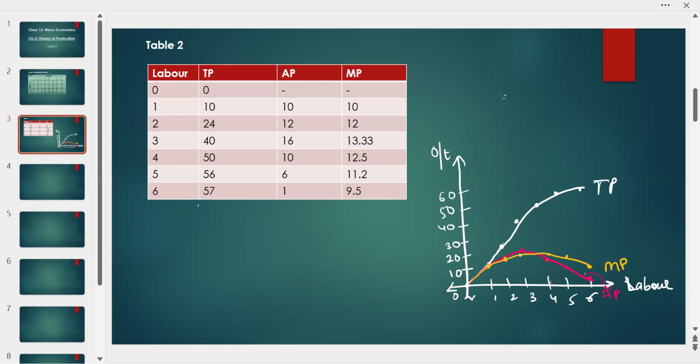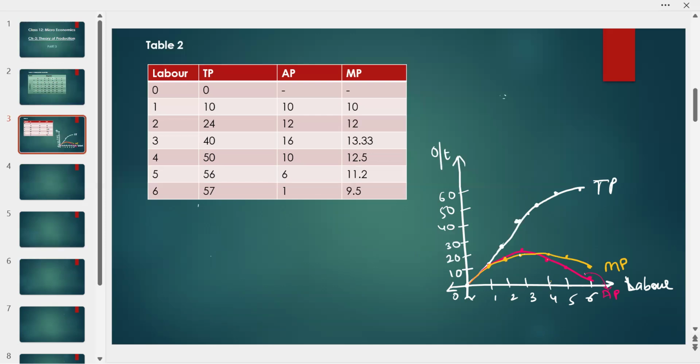But after a certain point, after the third unit, on the fourth unit, we see that the total product doesn't increase at a similar pace. It increases, however, but not at the same rate. So on the fourth unit, the marginal product also starts falling.